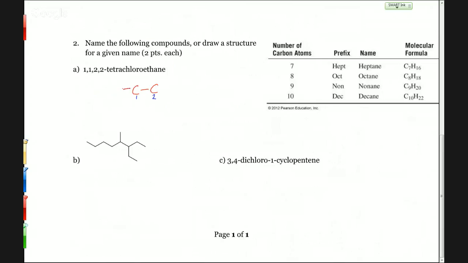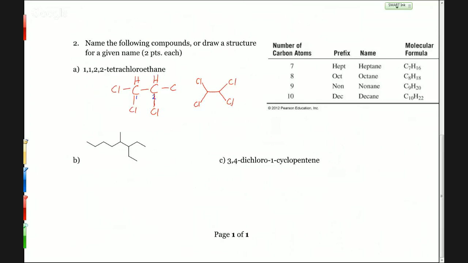So we've got 2 chlorines over here and 2 chlorines over here. And that means we also need hydrogens to round out the 4 bonds to carbon. Another way to draw this would be using a line structure, which would look like this. So 4 chlorines, 2 on carbon 1, 2 on carbon 2.